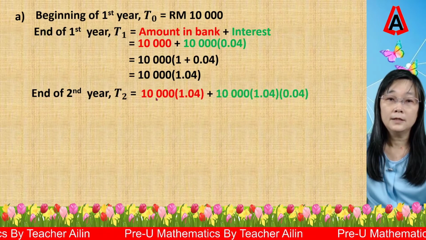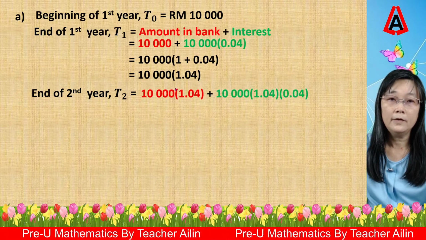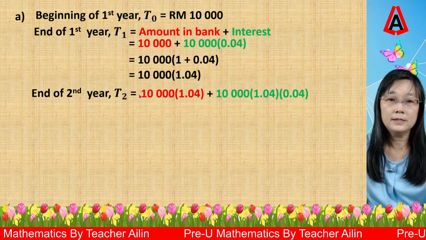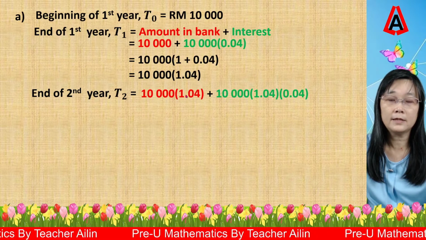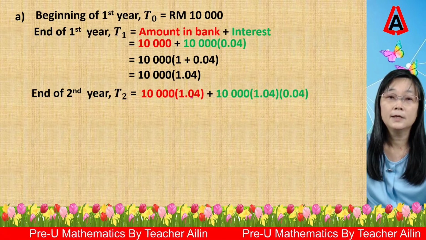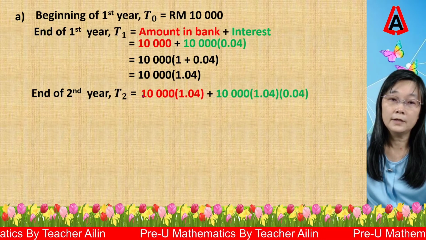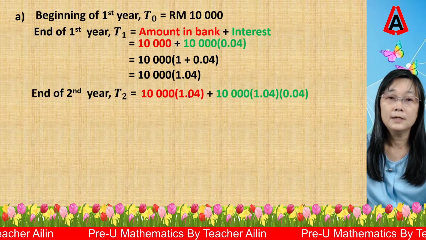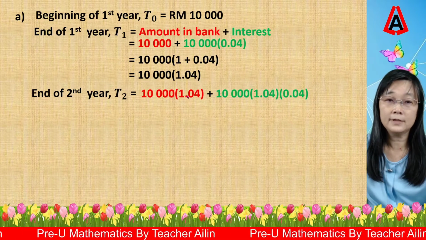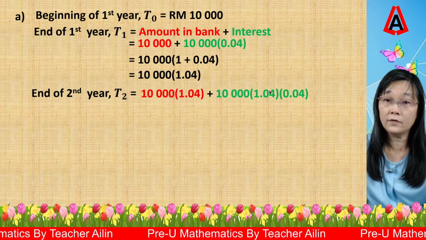This is the amount of money transferred from the end of the first year, and this is the interest based on the amount of money in the bank for the second year, that is 10,000 times 1.04.